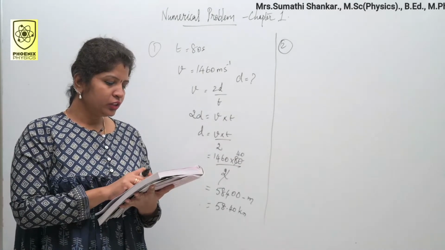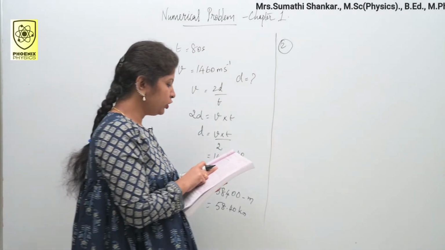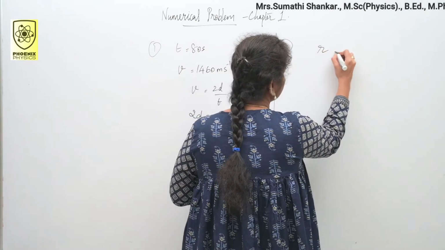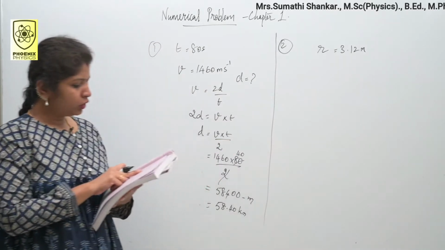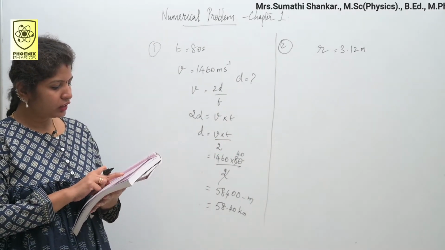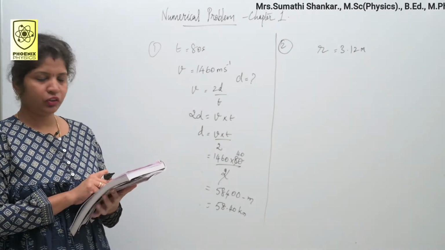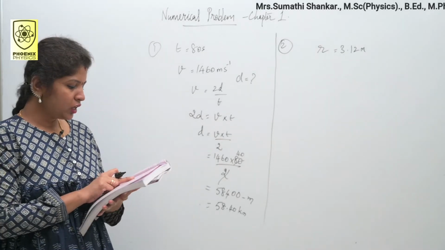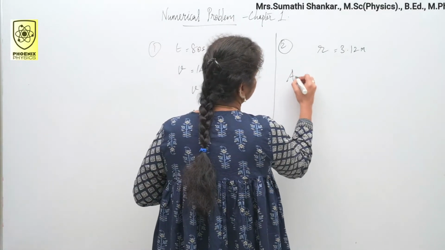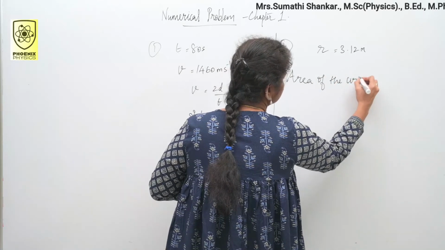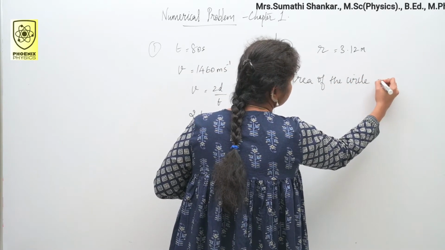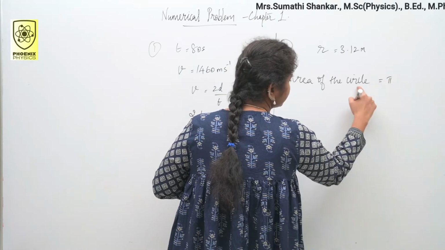Question number 2. The radius of the circle is 3.12 meter. Radius is given 3.12 meter. Calculate the area of the circle with regard to significant figures. So here what they asked is the area of the circle. What's the formula for area of the circle?